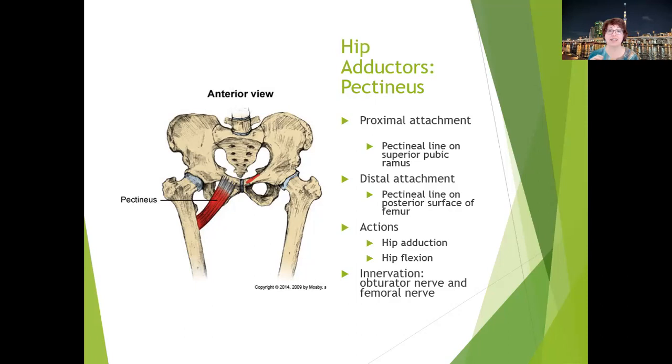The pectineus has a little bit of innervation from the femoral nerve and a little bit from the obturator nerve. So you can think of the femoral nerve as for its hip flexion function, and the obturator nerve as for its adduction function. That's just a good way to remember it.